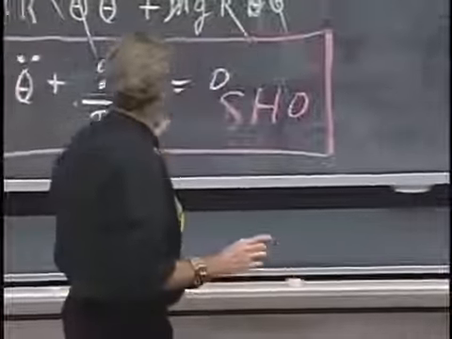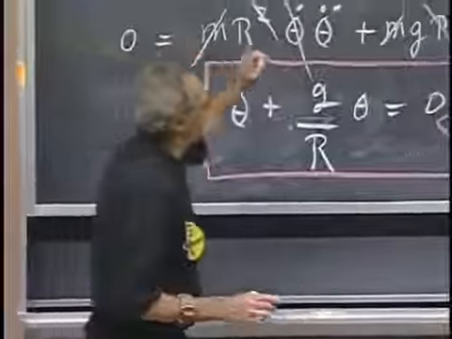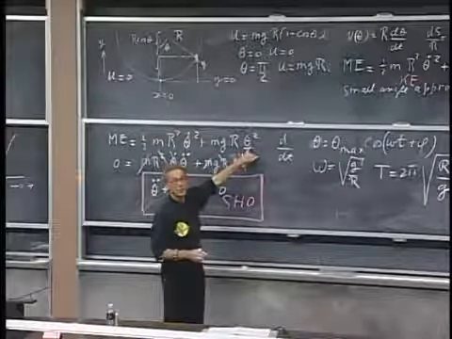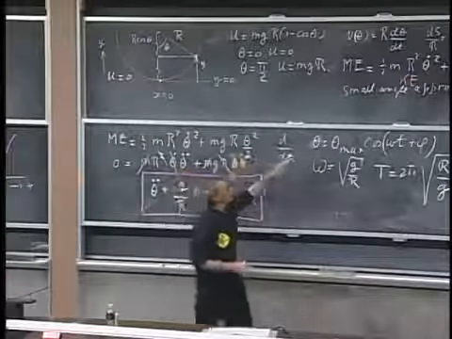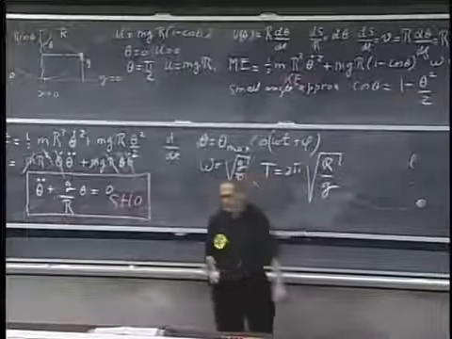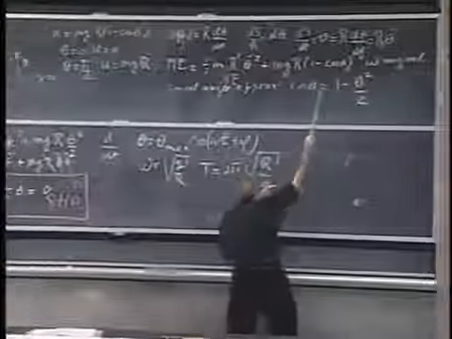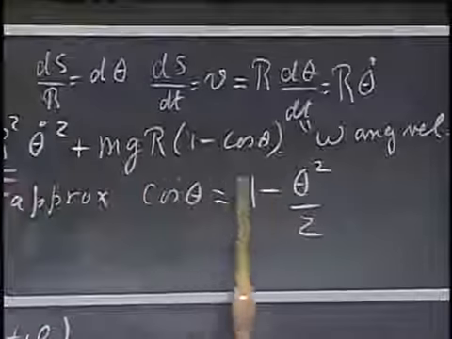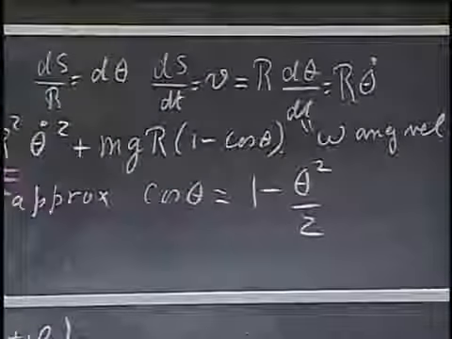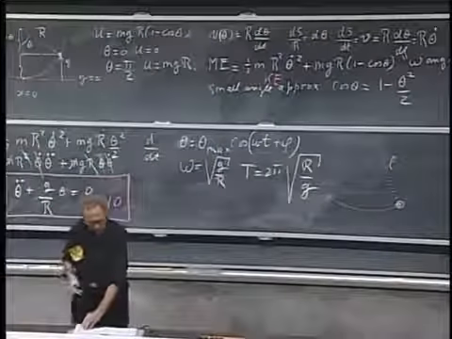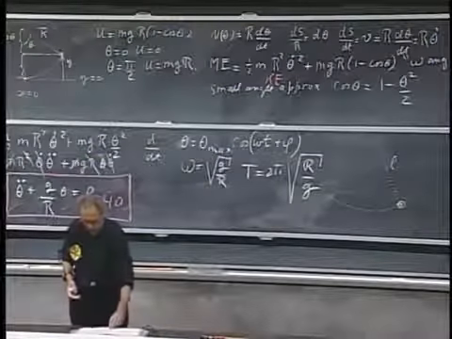Now we forced this potential energy into being dependent on theta squared. That's really what we did. By the approximation of cosine theta being 1 minus theta squared over 2, we forced this term to become quadratic in theta, and therefore now, with that approximation, it becomes a perfect simple harmonic oscillation.